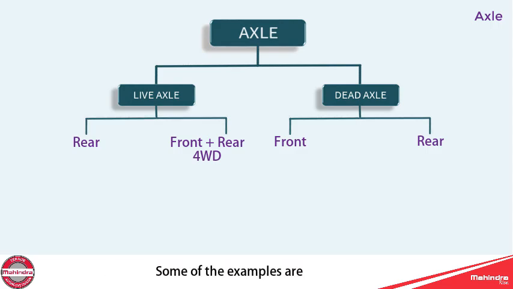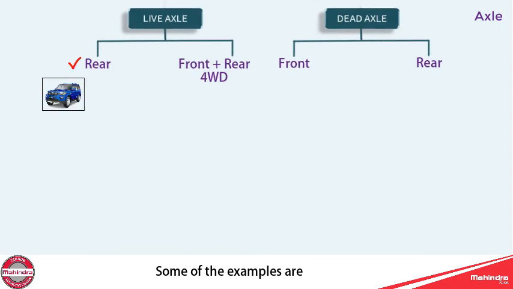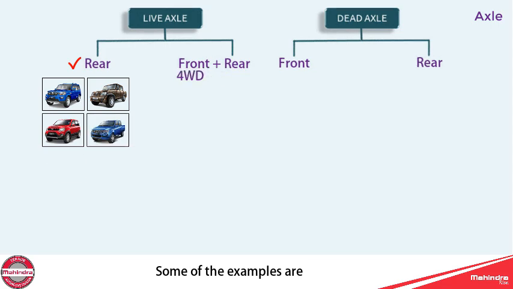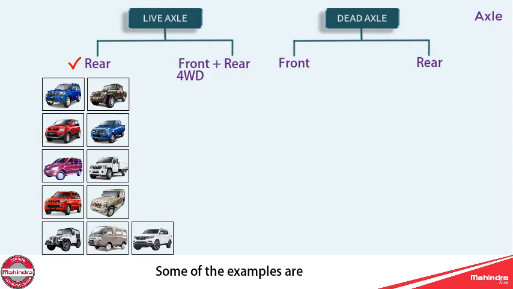Some of the examples are Scorpio, Bolero Camper, Neo Sport, Imperio, Xylo, Bolero Pickup, TUV 300, Bolero, Thar Di, Supro and Altura.